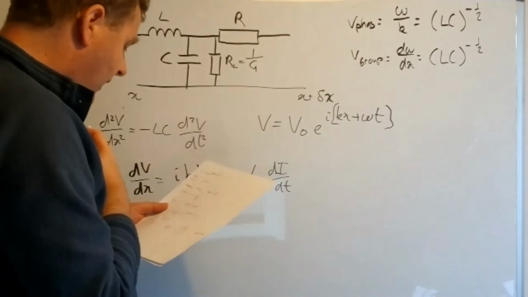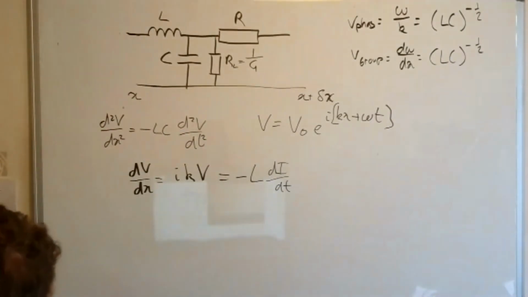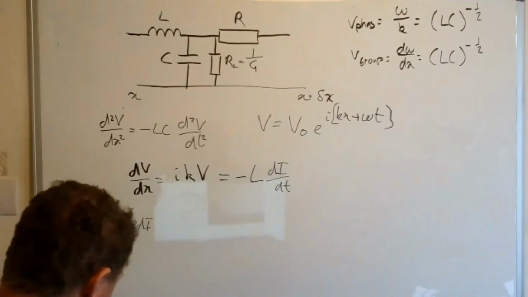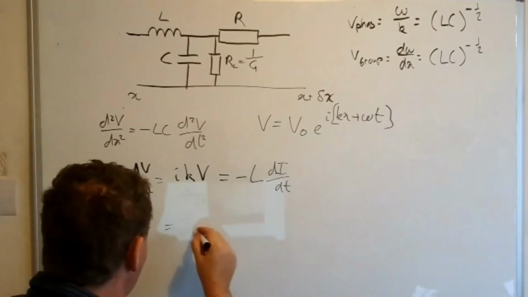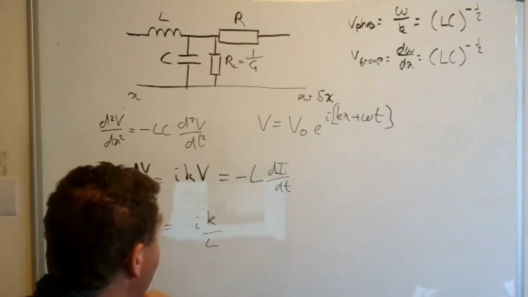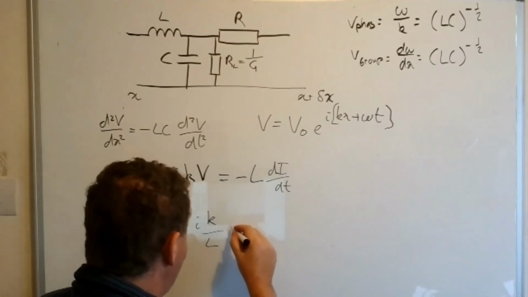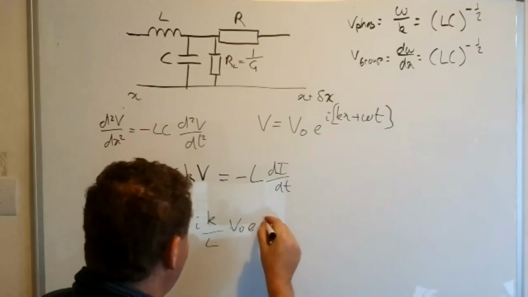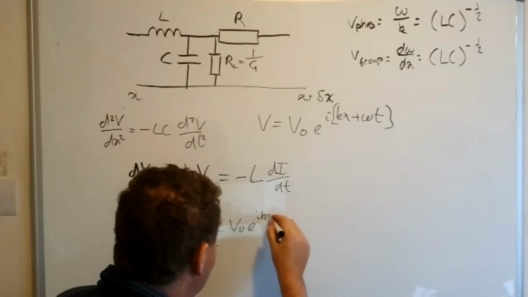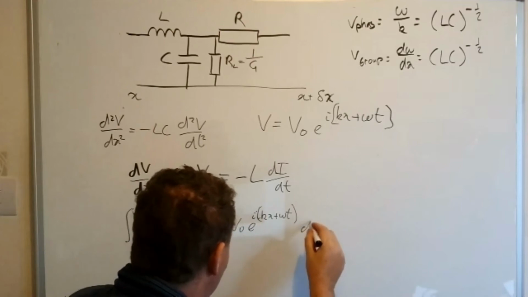So we're going to integrate, and di becomes ik over L, the integral of v, which is v naught e to the i(kx minus omega t), dt.